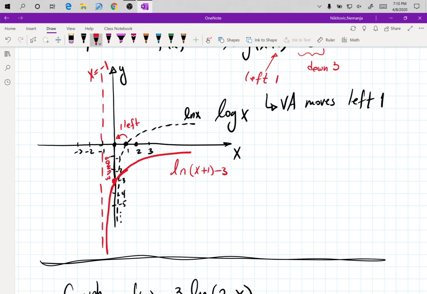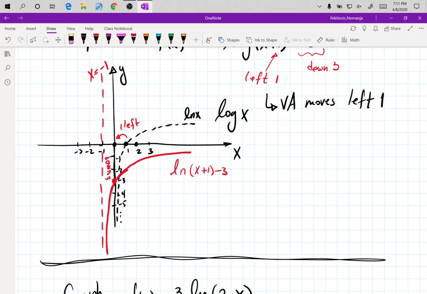Except it's moved, and as you can see, we created a y-intercept which we didn't have before. Now, there will be an x-intercept, because this thing will keep rising and rising and rising, and eventually will cross the x-axis. So it's only asymptotic on the vertical side, right? The horizontal sides are not.